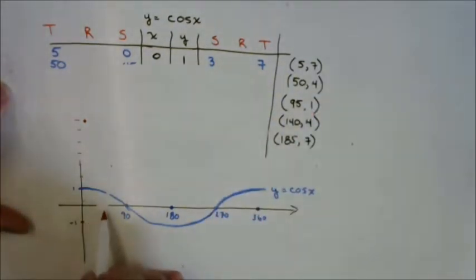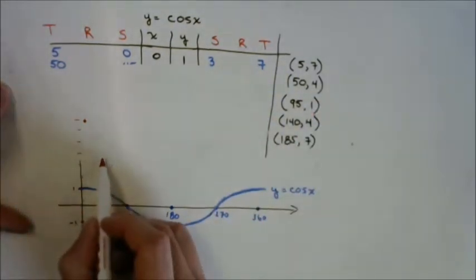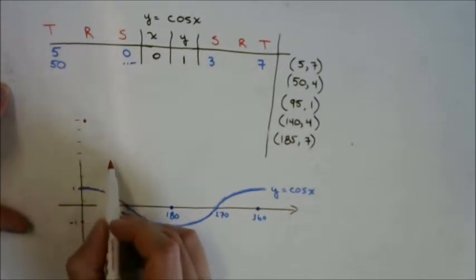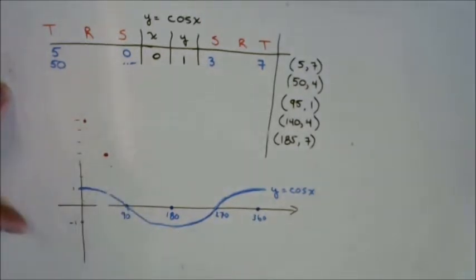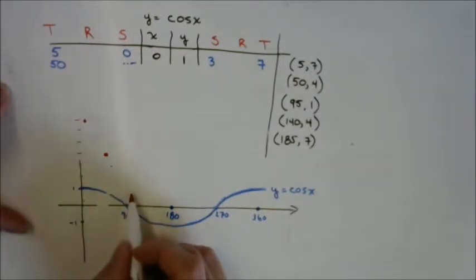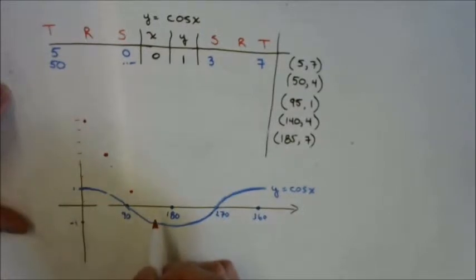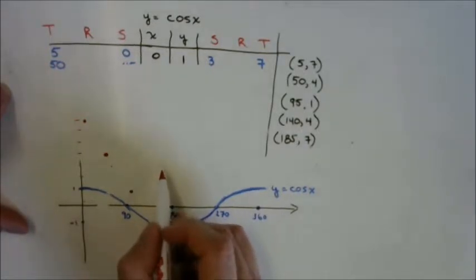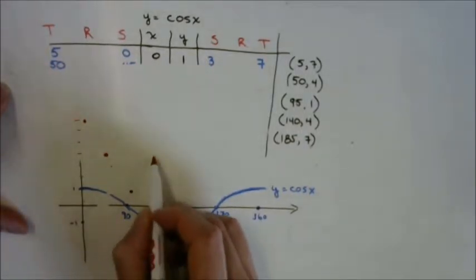50, 4. 50 is right about here. Up to 4. 7, 6, 5, 4. 95, 1. That's going to be its min. And then it's back up to its rest position at 140 degrees.